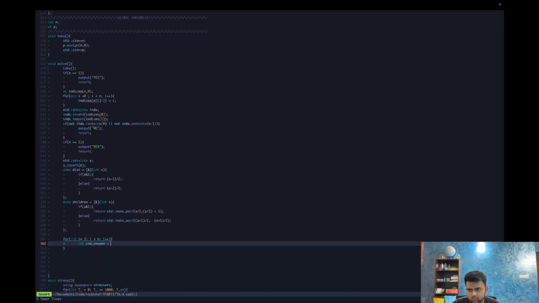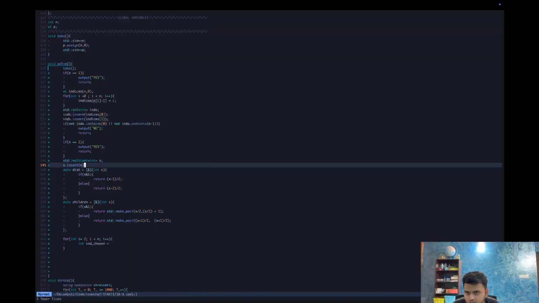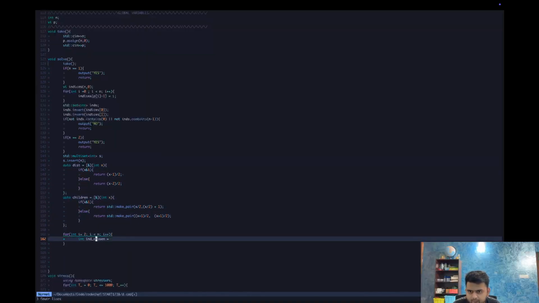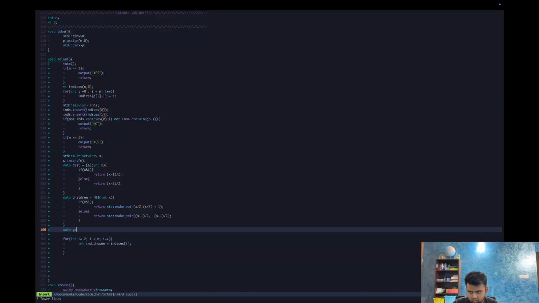It should be a multiset. Chosen is indices of I. So how to get bound?